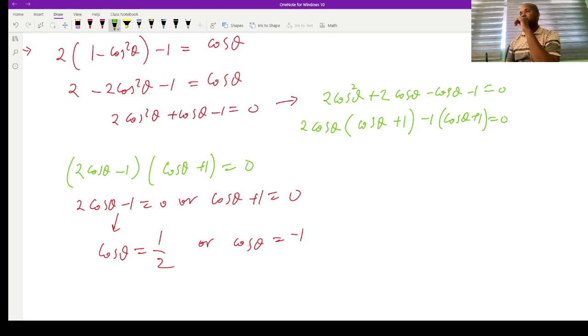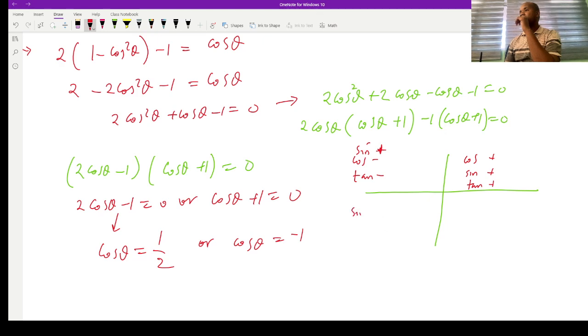Remember, we were told that actually angles are between 0 and 360. So I just want to remind you of the 4 quadrants and the signs of trigonometric ratios. So cosine, sine, tangent, here positive, positive, positive. But here cosine is negative, tangent is negative, and sine is positive, of course.